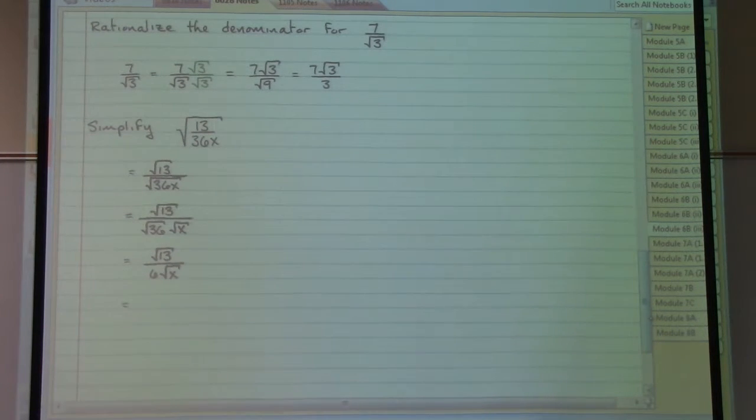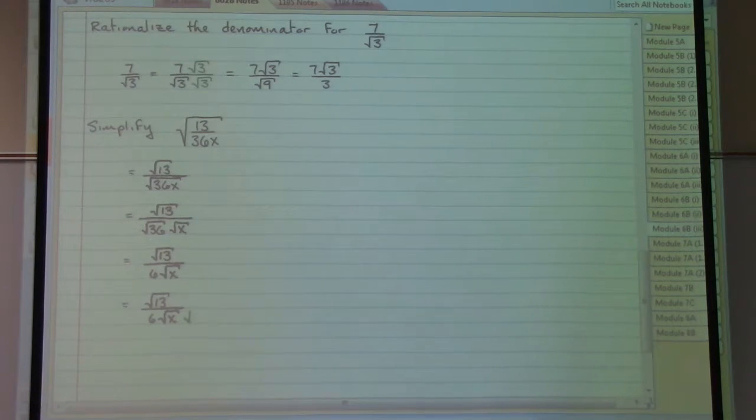But that does leave me with the issue of having the square root of x still in the bottom. And it's that square root of x that's still jamming us up here because we are not supposed to have a square root in our denominator. The only way that we would be able to get rid of that square root is if we find something that we can introduce.